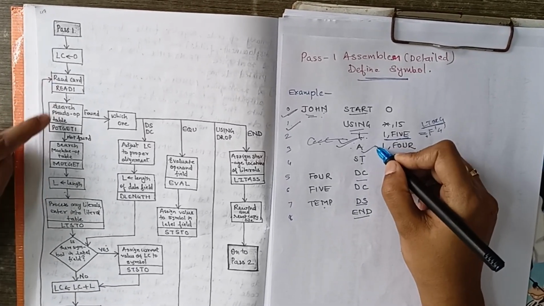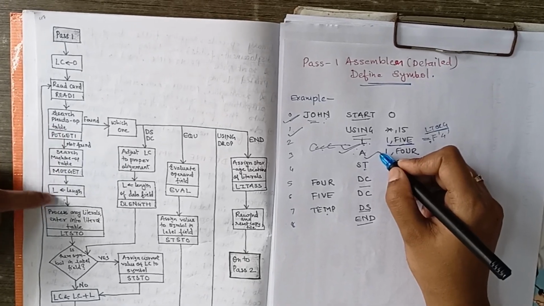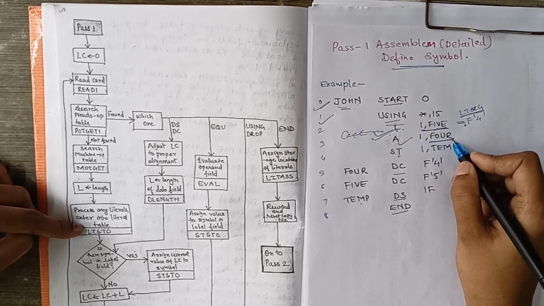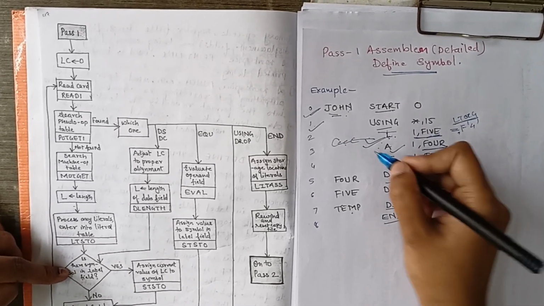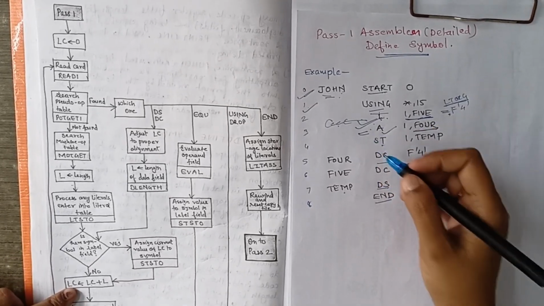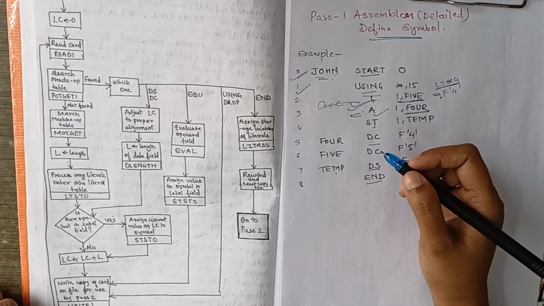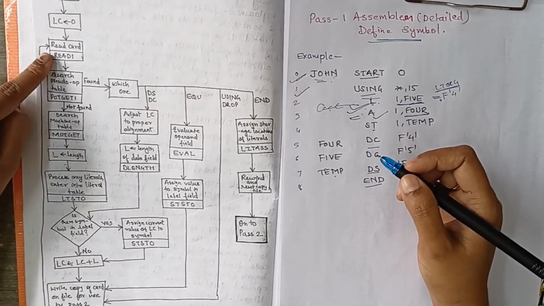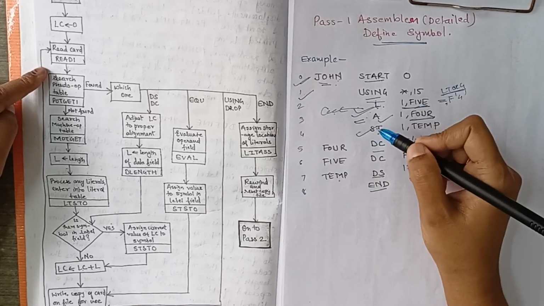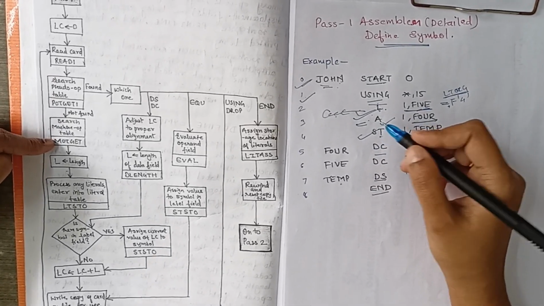Next we have the A. Again it will skip the pseudo, jump to the machine op, provide the length, then process for literals. Again no literal is present, then it will check for the symbol. Again no symbol is present, so it goes for the location counter incrementation and punches it into the card for pass 2. Again the read operation is generated, and now we have the ST. Again it skips the pseudo, and the machine op table gets checked.